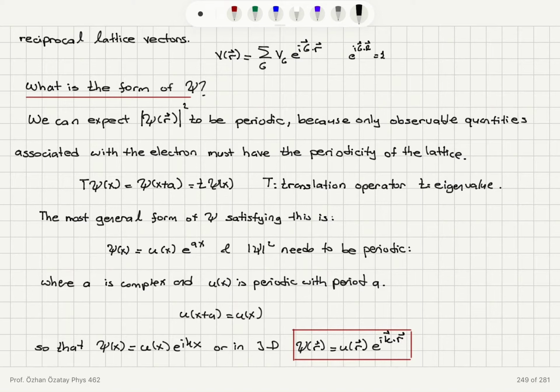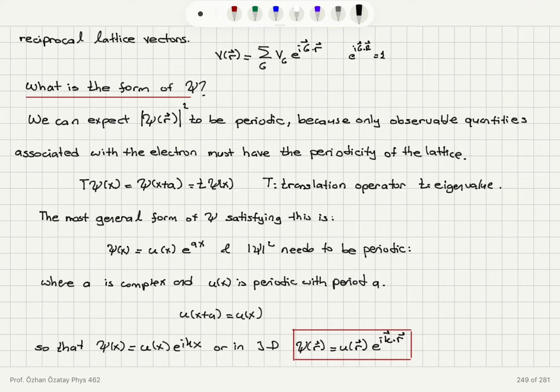Well, first of all, we have one observation: the probability of finding an electron at a position R must be periodic. Since the probability distribution is given by the magnitude of the wave function squared, the absolute value of psi squared must be periodic, because that's the observable quantity associated with the electron.